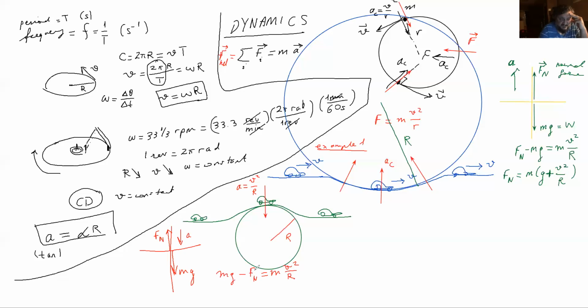Now here's the interesting thing. If you solve this for Fn, like we did before, by bringing this term to the right and this to the left and factoring out m, you will have g minus v squared over r, that is multiplied by m.